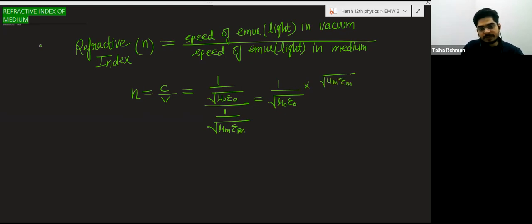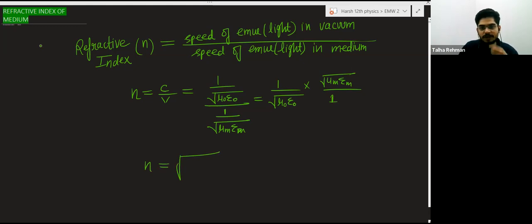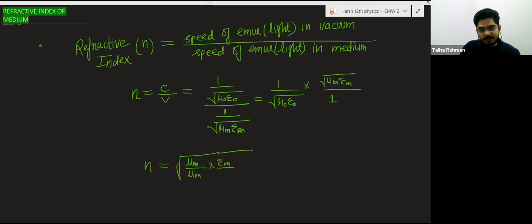So finally the refractive index is equal to under root of mu m by mu naught, multiplied by epsilon m by epsilon naught.